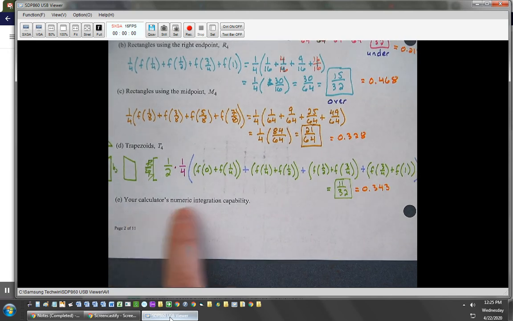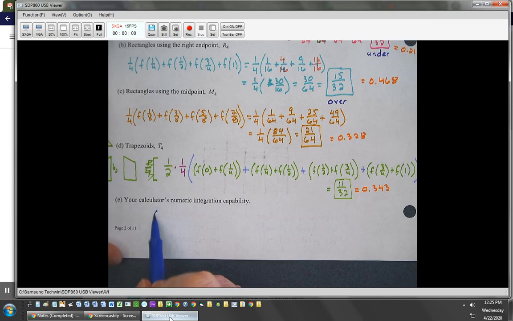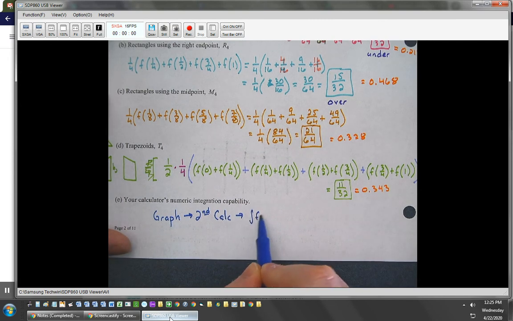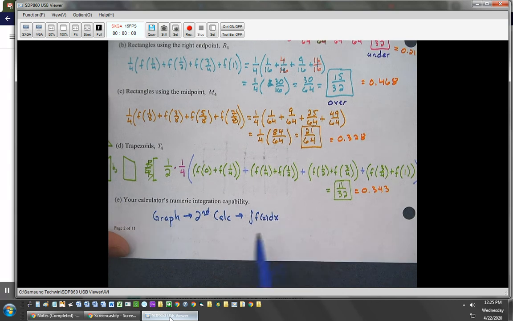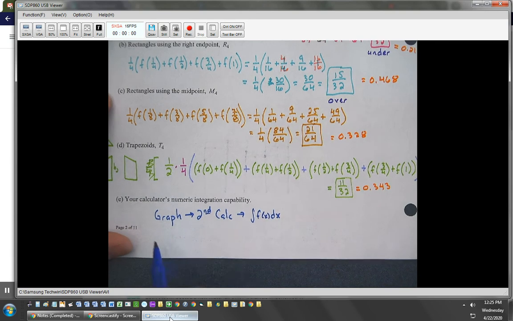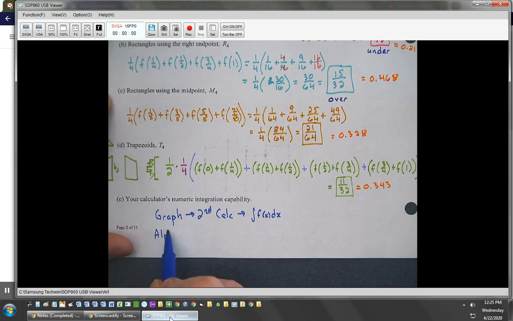So using our calculator's numeric integration capability, there were 2 ways to do it. Remember, you could graph, then do second calc, then use integrate f of x dx. Or the other option was go to the main screen and do alpha F2.